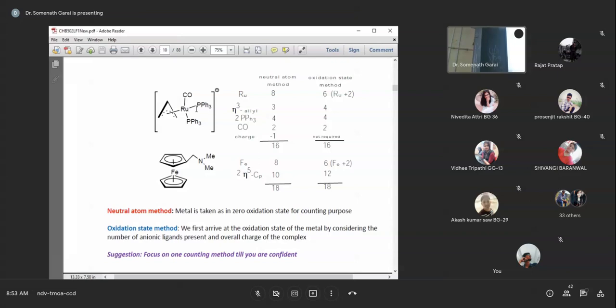Then next is titanium, then zirconium, then hafnium. Magnesium? No. I am talking about always going vertically down the group. Horizontally, you can also go.